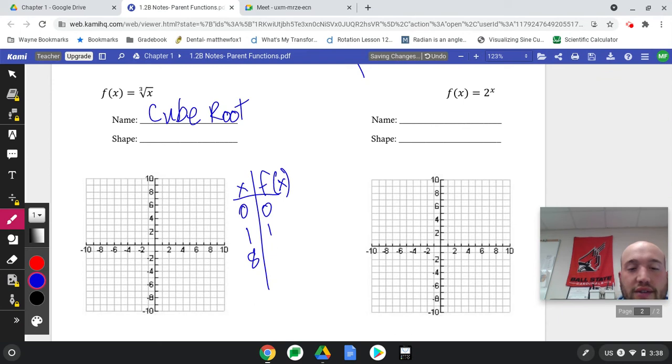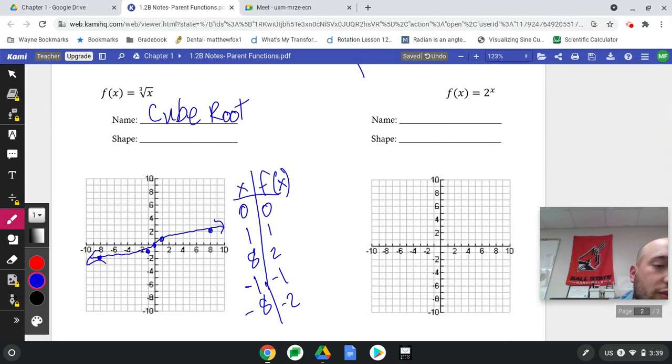So cube root of 8 is 2. -1 is still -1, and -8 would be -2. Kind of looks like a squashed S, maybe. It's the hardest one to draw for me every time.